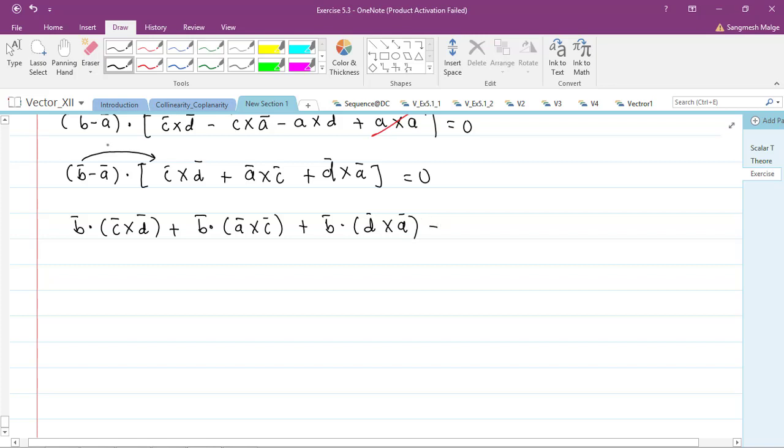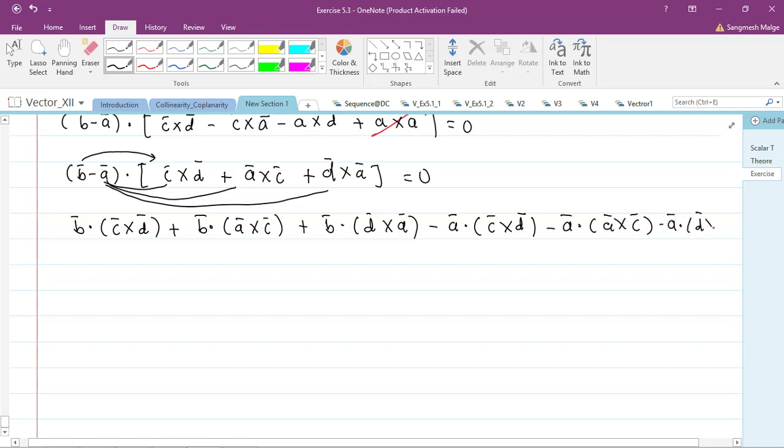B is finished, now A: minus A bar dot C bar cross D bar first. See here, A with this, A with this and A with this. These are the three terms with A. Minus A bar dot A bar cross C bar, minus A bar dot D bar cross A bar.